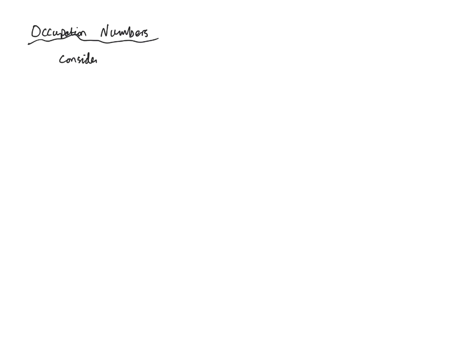Let's consider the commutator of a number operator ni with, for example, the creation operator Cj dagger, and remember that the number operator ni is defined as Ci dagger Ci. Okay, so let's just write it out. This is Ci dagger Ci Cj dagger, minus, because we're talking about the commutator, Cj dagger Ci dagger Ci.